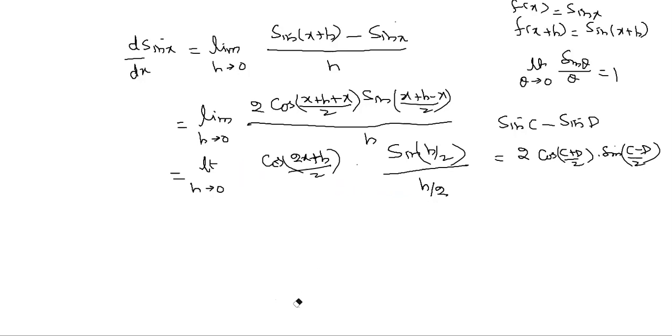As you know, the limit can go inside, so limit h tending to 0. And I told you how to change: h by 2 will also tend to 0 when h is tending to 0. So this is just this formula, so it becomes 1.